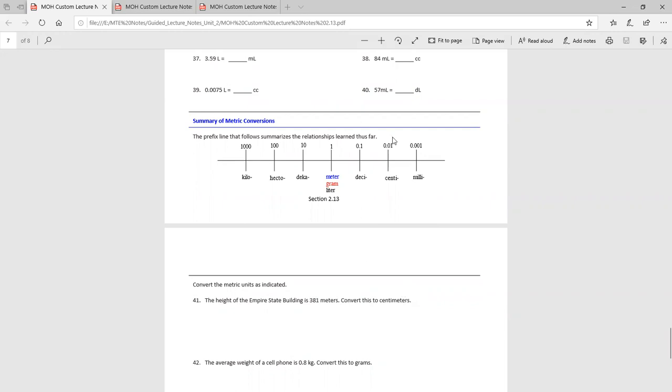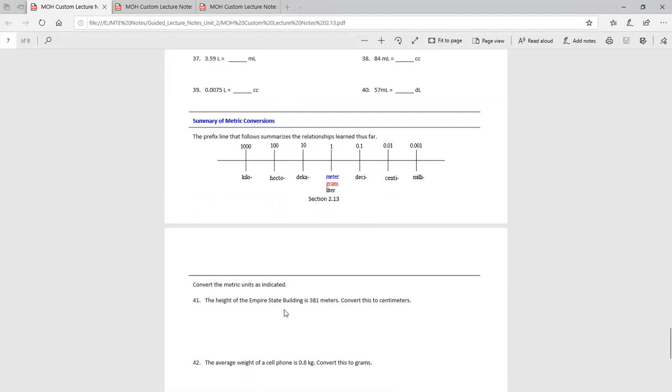You can see at the bottom of the previous page we have that line, but only with the prefixes, and then meters, grams, and liters all in the center. So it doesn't matter whether you're talking about meters or grams or liters, it's all the exact same process. The metric system is wonderful in that regard.